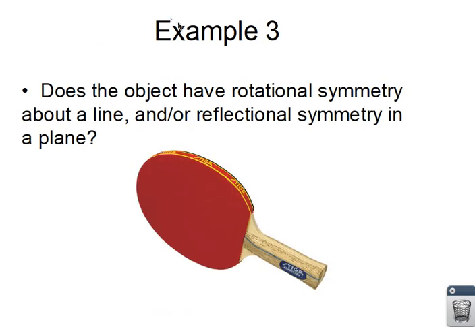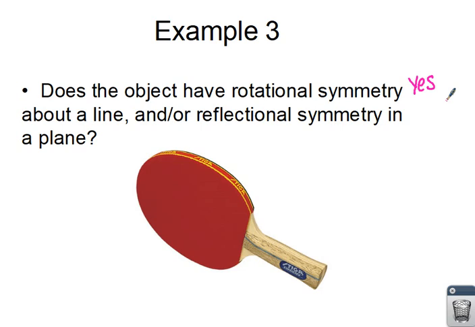All right, so let's go through some regular objects. Does it have rotational symmetry about a line? Can I take a ping pong paddle and hold it and rotate it and get the same ping pong paddle if I go 180 degrees or less? And the answer would be yes, because if you hold it on the handle and you rotate 180 degrees, I've got the same ping pong paddle.